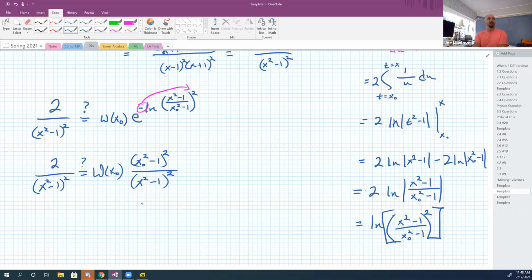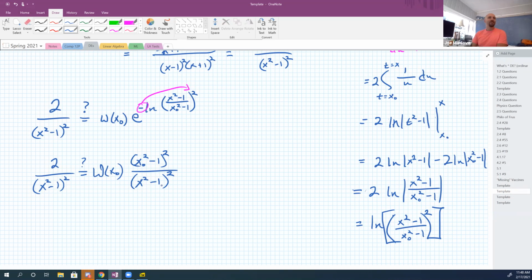Huh. Is that true? Depends on what the W at x naught is, isn't it? Well, yeah, it kind of does, but what's W? It's the Wronskian itself.